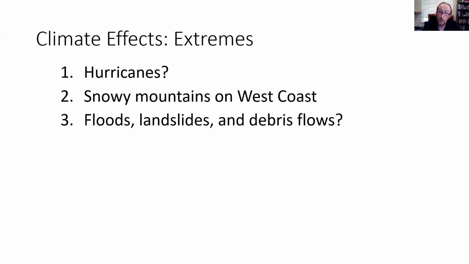Floods. If there's more water moving through the system, we can have more floods. In the case of the hurricanes, with more water moving through the system, the severity of even seasonal flooding could be worse. Landslides: more water moving through the system decreases friction in the surface of the ground. On steep slopes, it can cause failures. Debris flows. What's the difference between those? I'm going to give an entire lecture at some point on mass wasting.